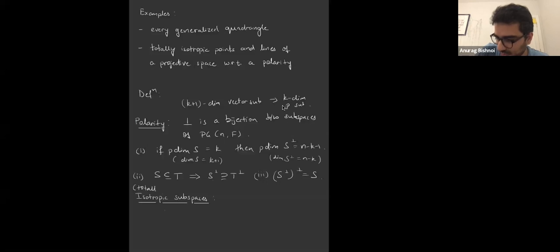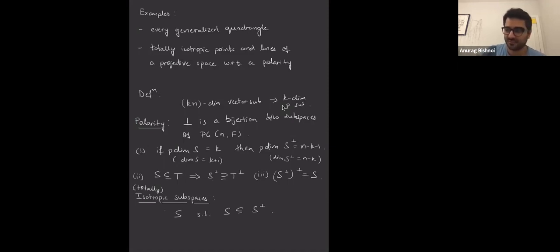So something known as a totally isotropic subspace, which is just a subspace S such that S is contained inside its perp. Okay, that's the definition. Just try to remember this.